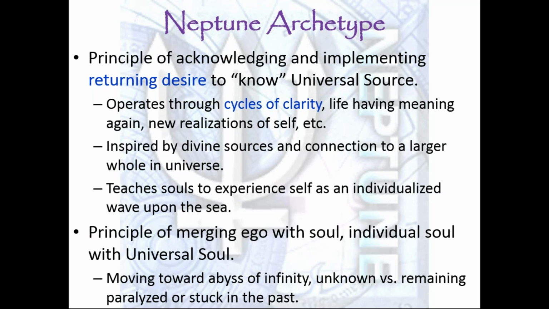What also is happening here on the cycle of clarity side is it is teaching all souls to experience ourself as the individualized wave upon the sea. And so the wave comes up and it crests, but it still comes back to the sea.